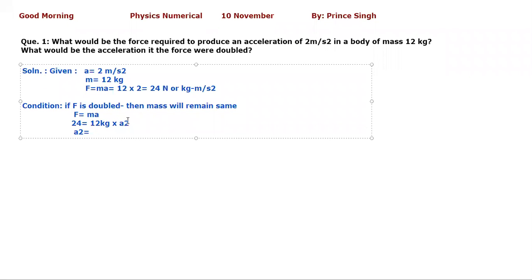So I'm taking this as a dash. It can confuse you with a square. So new acceleration a dash, what is the value of new acceleration? This will be, I think, 24 divided by 12.